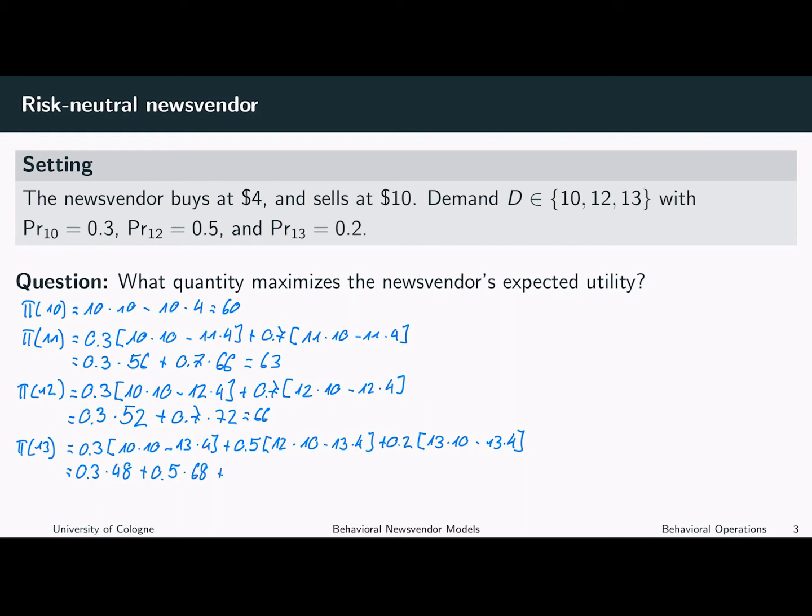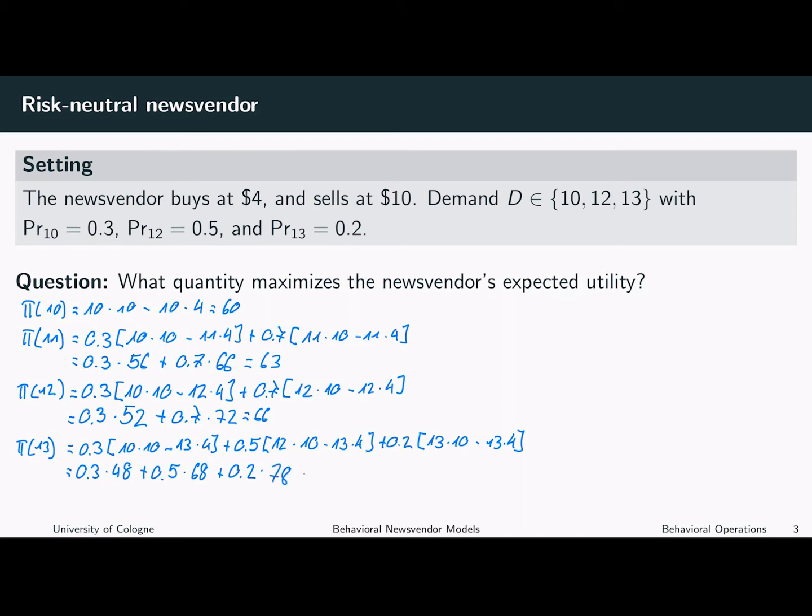And with probability of 0.2, I sell 13 units, resulting in a revenue of 130 minus my expenses of 52, meaning 78.